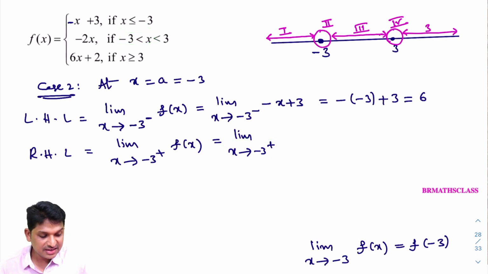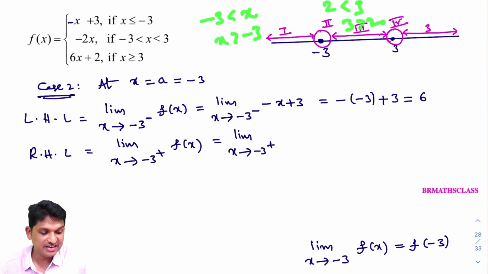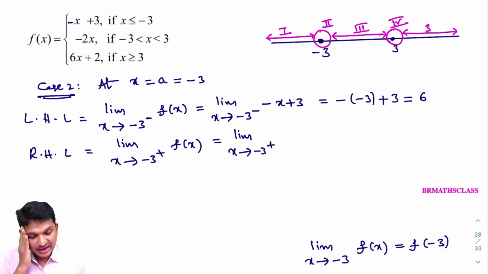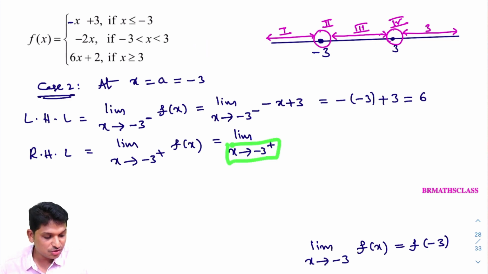Minus 3 less than x means x is greater than minus 3 only. You all know this. Suppose 2 is less than 3, it means that 3 is greater than 2. So as they given minus 3 is less than x, it means that x is greater than minus 3. When x values are greater than minus 3, at that time we will choose this function.